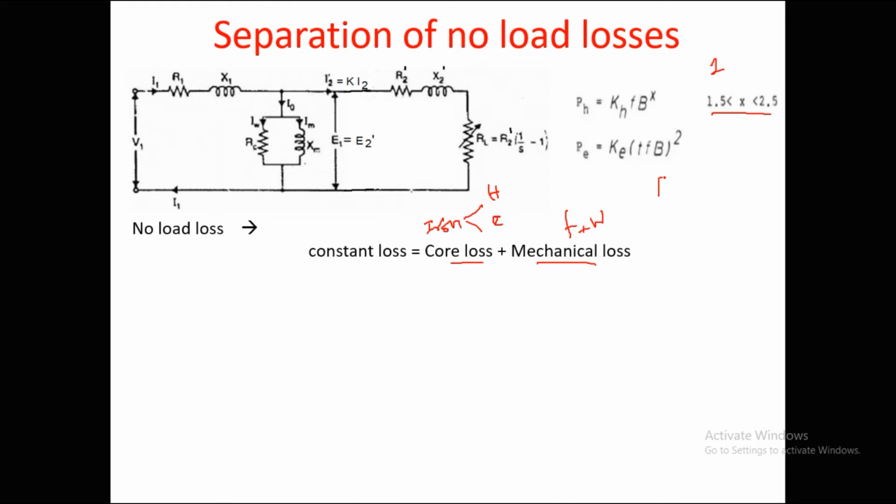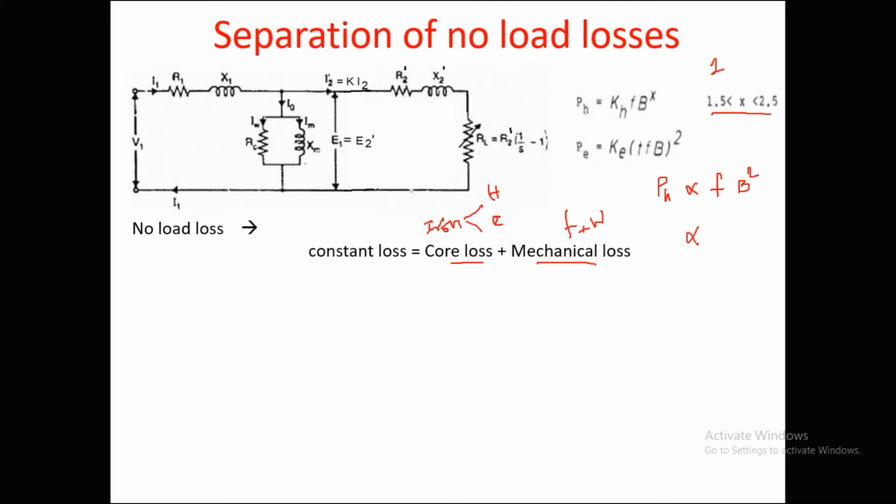Now we find the relation between losses and supply voltage and frequency. Hysteresis loss is directly proportional to supply frequency and the square of the maximum flux density.